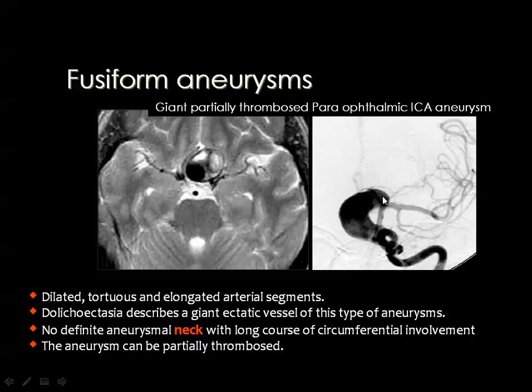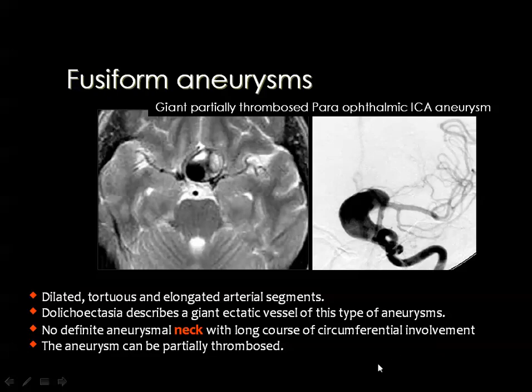Then the second type of aneurysm is the fusiform aneurysm, and this aneurysm has no neck. It is just a fusiform dilatation of the vessel, and is nicely demonstrated by angiography. You can see here by the DSA angiogram the fusiform aneurysm of the distal part of the internal carotid artery. As I have said, these aneurysms have no neck, and they have a long course with circumferential involvement of the vessel.